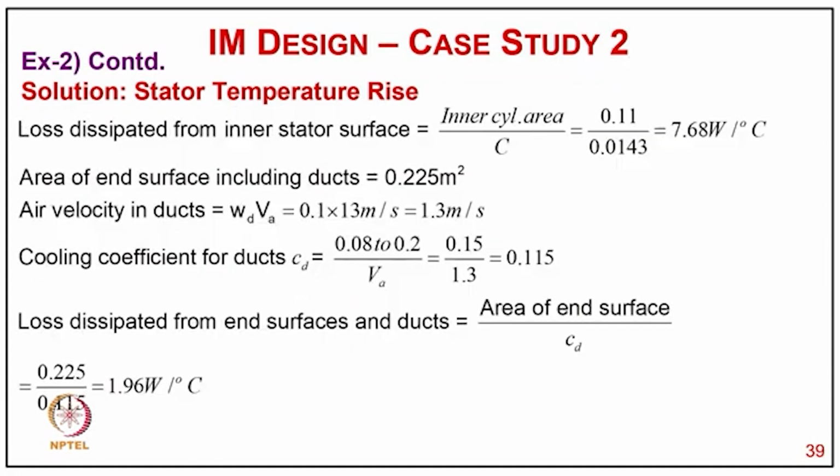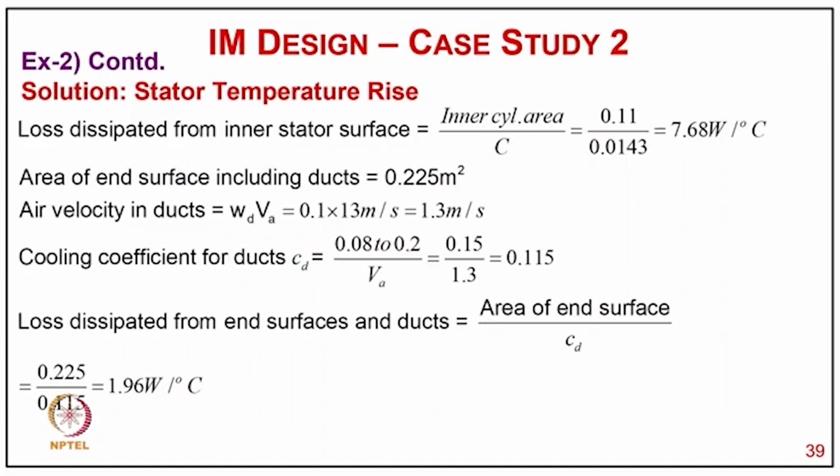Now coming to loss dissipated for inner stator surface, so inner cylindrical area divided by C, so 0.11 divided by 0.0143, that's 7.68 watt per centigrade. Area of end surface including ducts 0.255 meter square, and air velocity in duct Vd equal to Va, putting value it comes 1.3 meter per second.